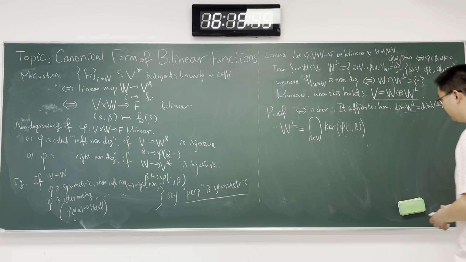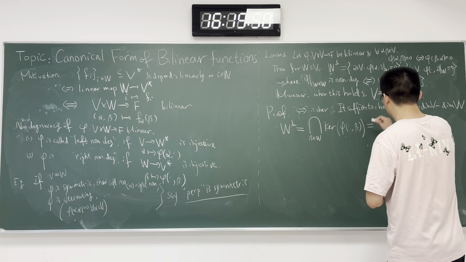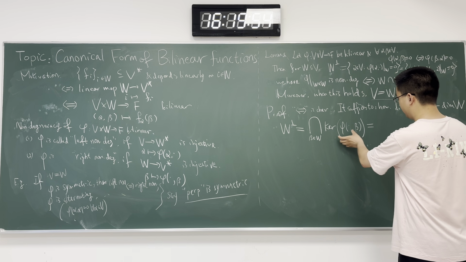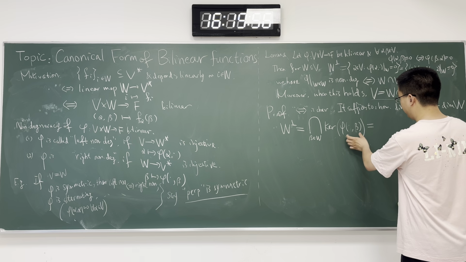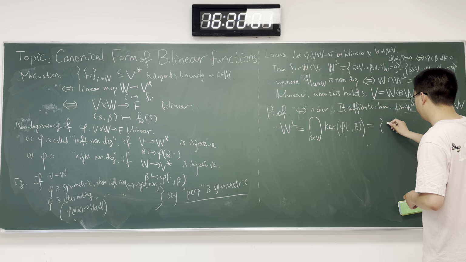So that's clear, right? It means that W perp just equals the common kernel space of a family of linear functionals. So let's rewrite our original notation here.